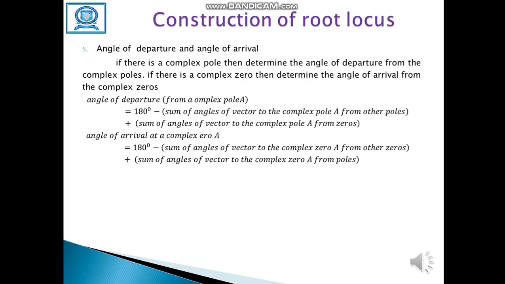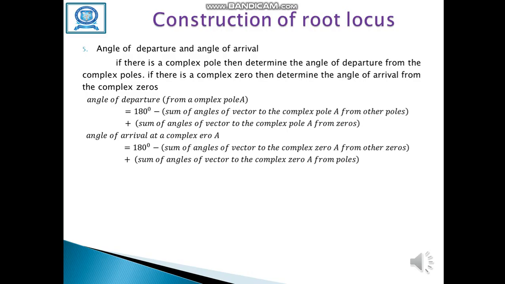Fifth, angle of departure and angle of arrival. If there is a complex pole, then determine the angle of departure from the complex pole. If there is a complex zero, then determine the angle of arrival at the complex zero.